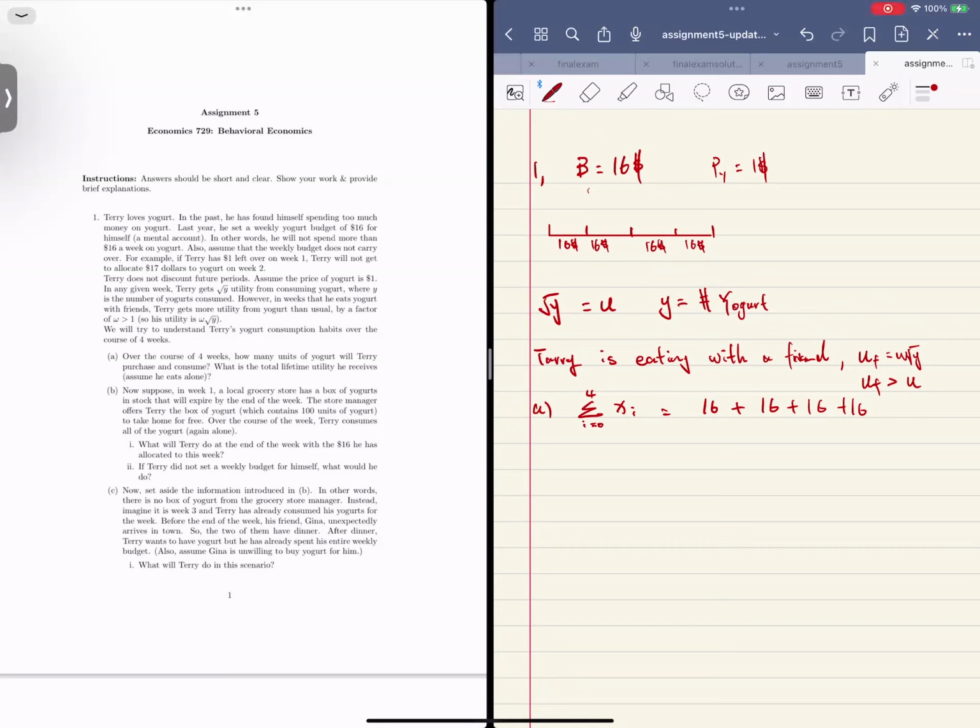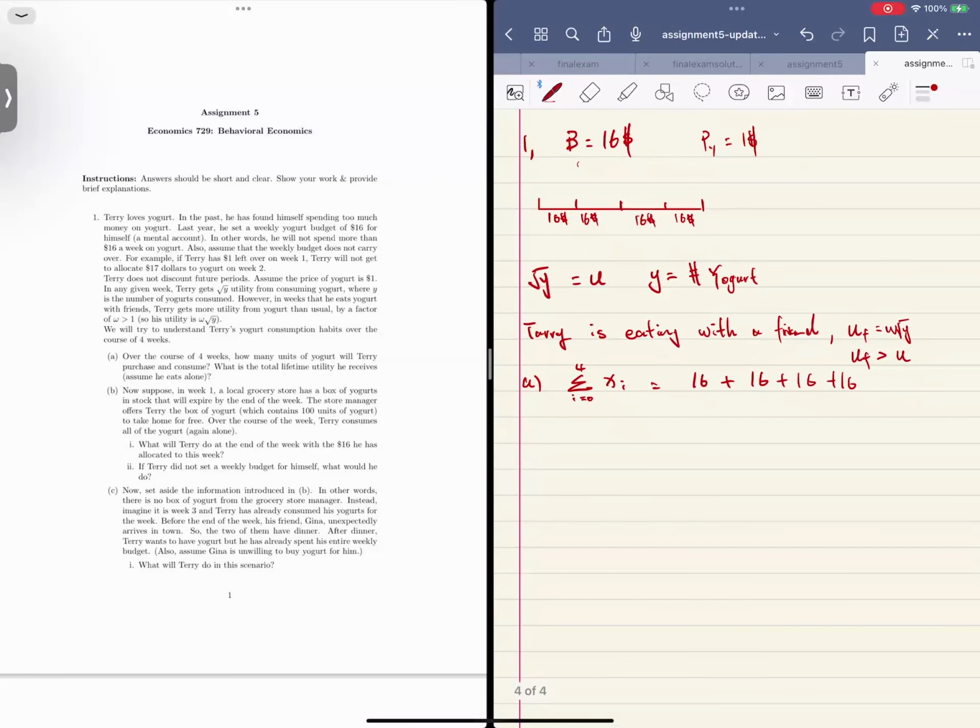Okay. So that's the units of yogurt, right? That's the total units of yogurt. What's the total lifetime utility he received, assuming he is alone?